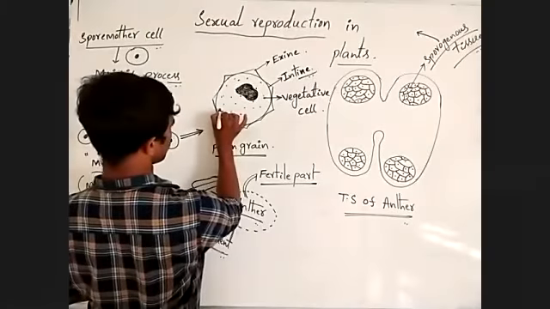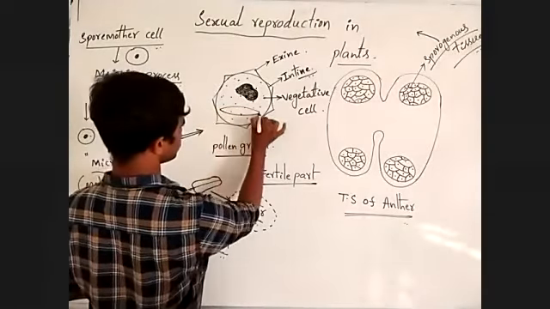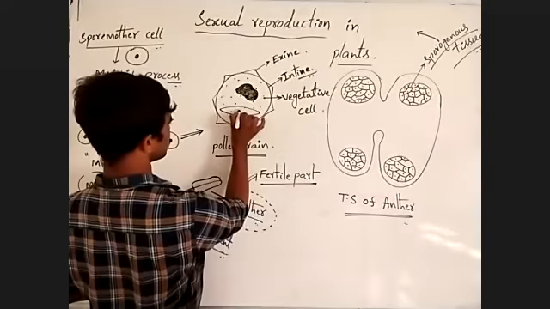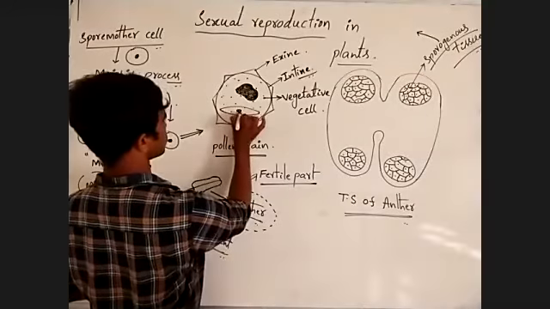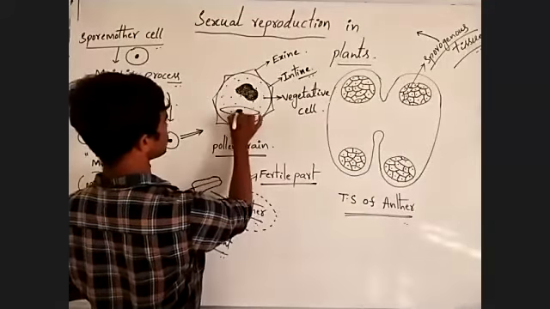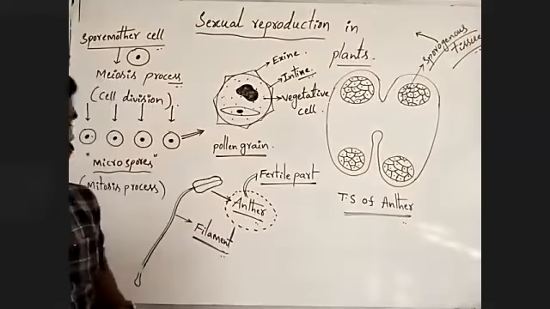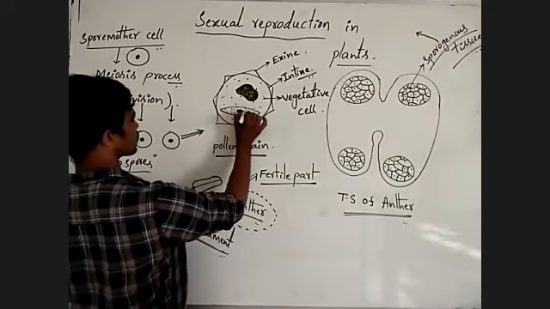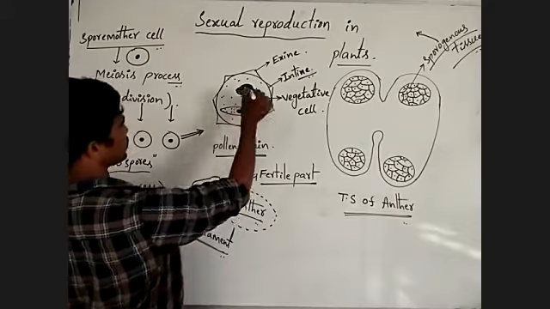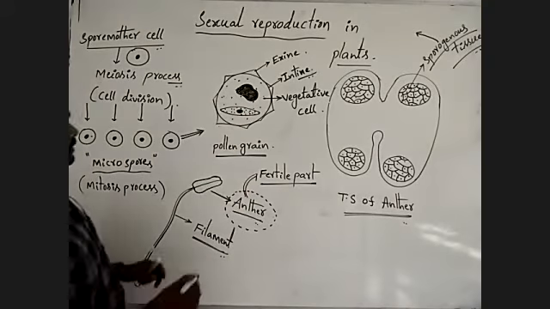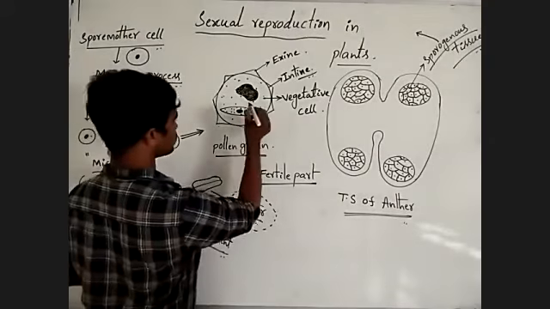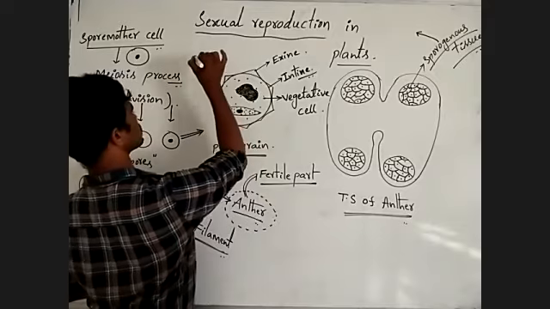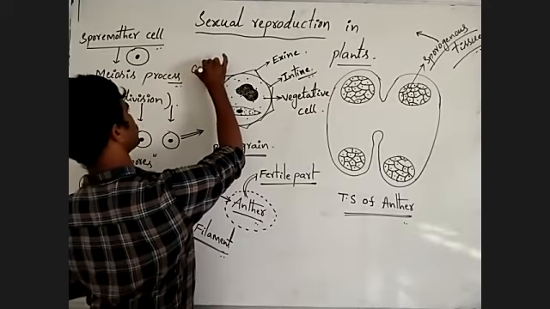In the cytoplasm of the vegetative cell, another small spindle-shaped cell floats. This spindle-shaped cell is called the generative cell.